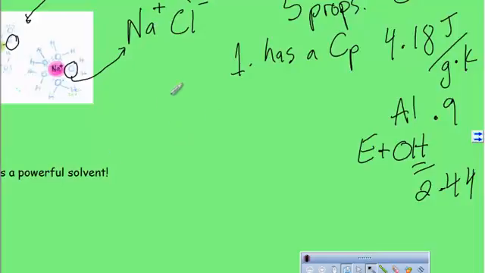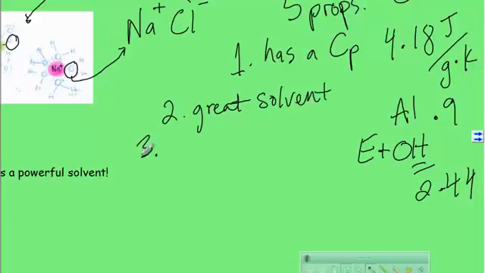The other property is great solvent. Why is it a great solvent again? We just talked about it in the previous slide. Because it's highly electronegative. It is cohesive, sticking to itself, which results in surface tension.